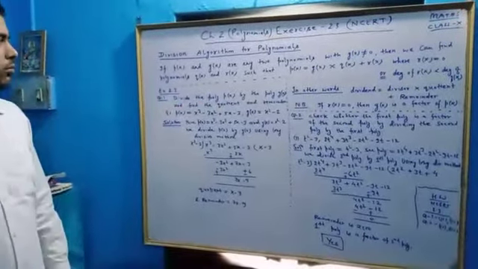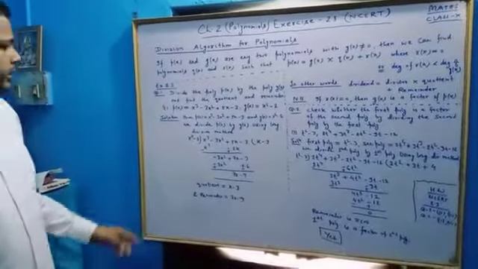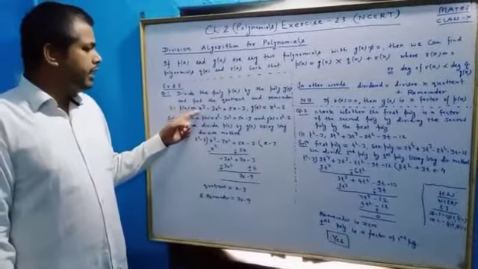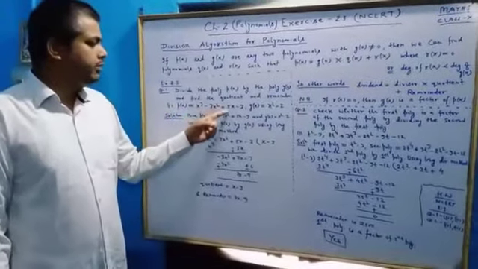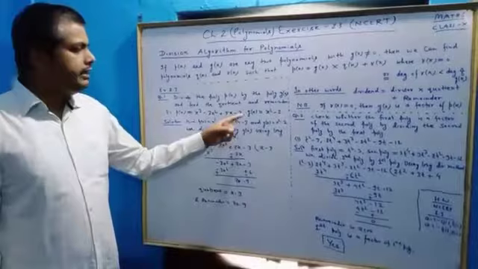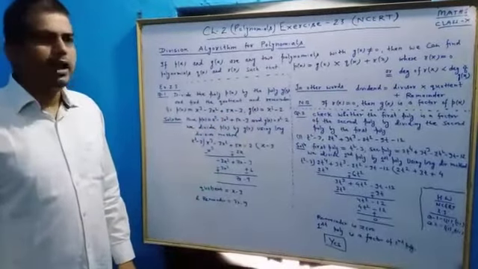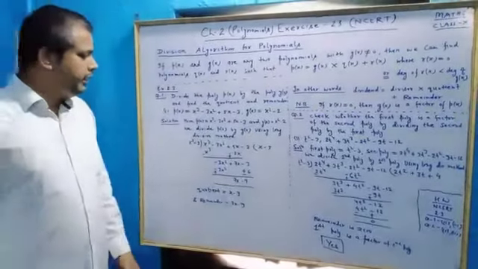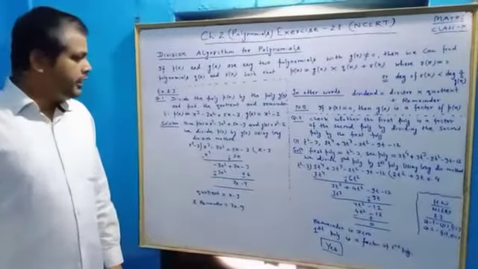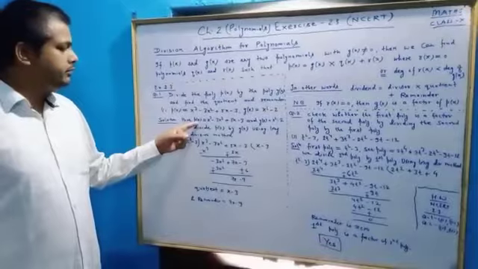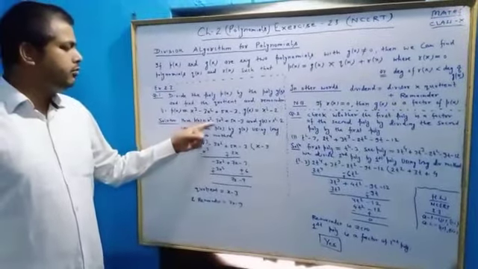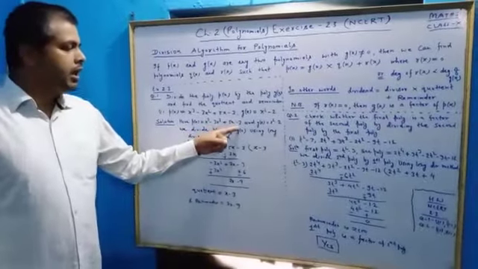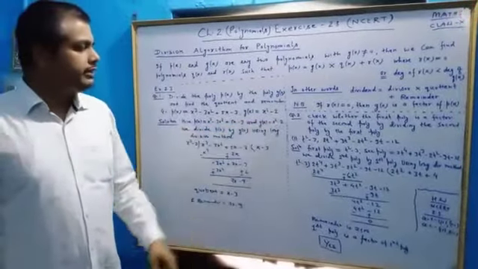In question number 1, it is given that p(x) is equal to x cube minus 3x square plus 5x minus 3, and g(x) is equal to x square minus 2. Now we solve it.